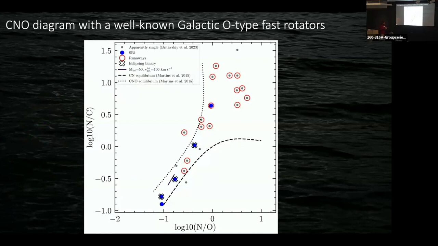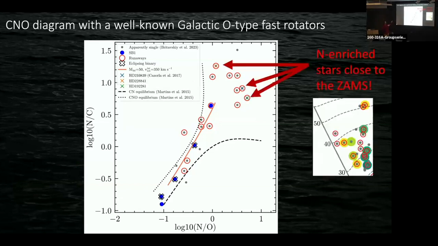And if I increase the rotation, from 50 km per second, now 100, 200, 350 km per second, here I stop. This is up to the end of the main sequence. Okay, I can't reach that bunch of candidates.